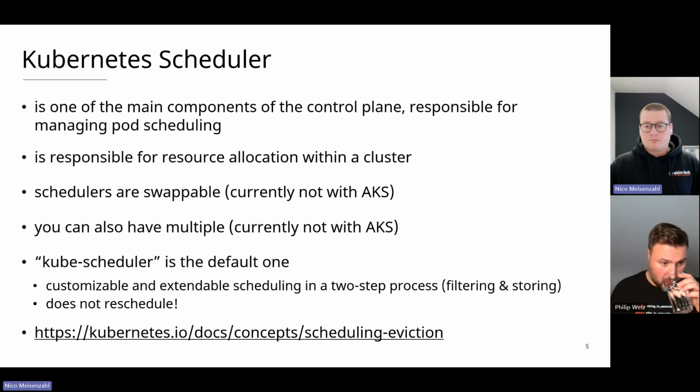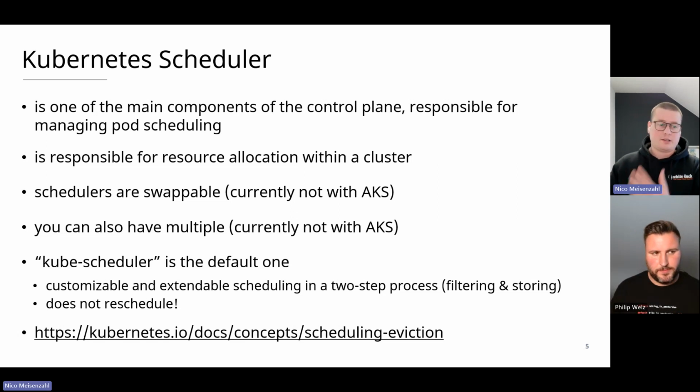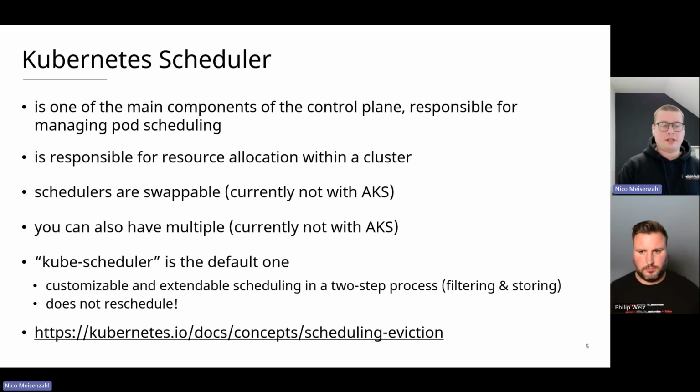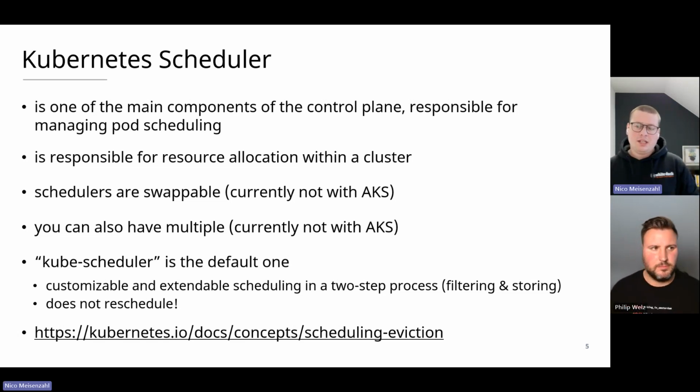It decides based on the metrics of the nodes, which node is available, which node has capacity left, and then decides where a pod gets scheduled. So the Kubernetes scheduler is the key part deciding which node gets any resources allocated.